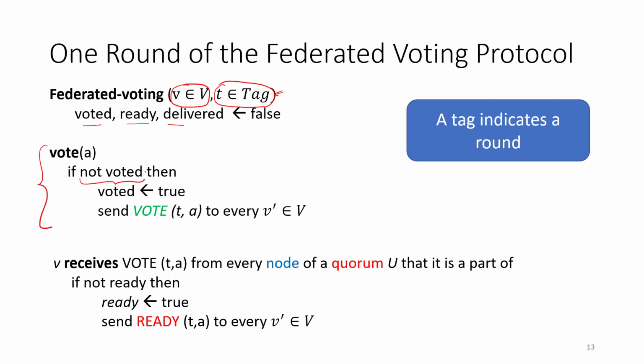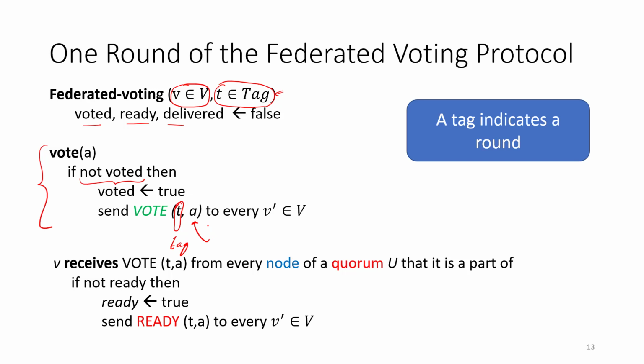I'll use tag and round interchangeably. So for a given tag or round, you can vote only once. The moment you vote, the variable voted becomes true. Then you send the vote message to every vertex in the vertex set, including yourself. And that would include the tag number and the value that you voted for.